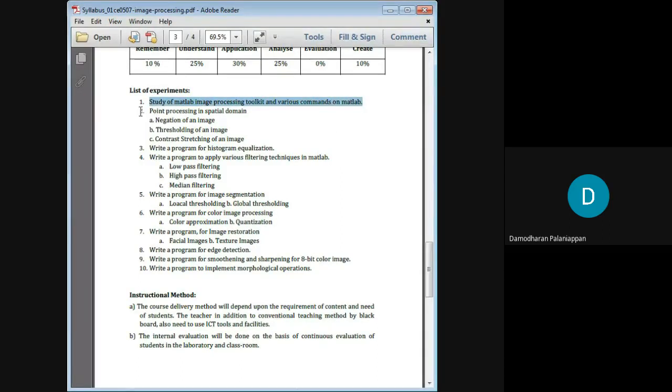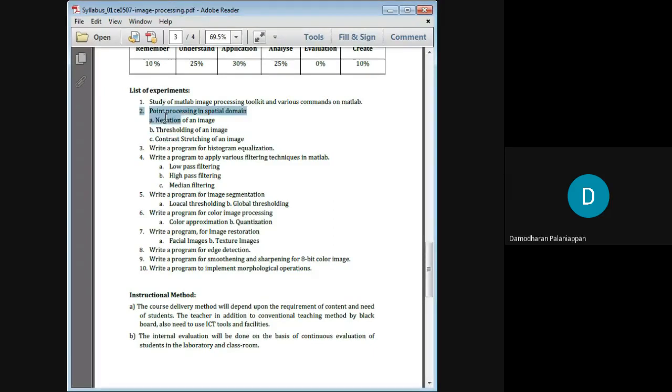In experiment 2, there are 3 types of experiments. One is the negation of the image, converting the image into a negative image. Then, according to the threshold value, the image will be displayed, and contrast stretching. Some batches have completed 2A, and some have completed 2A and 2B. One batch will be remaining, and you should complete the entire thing.